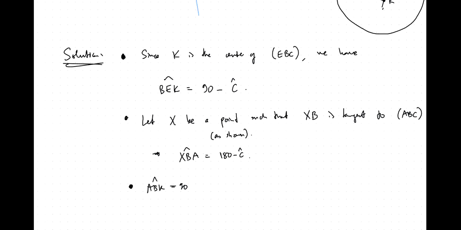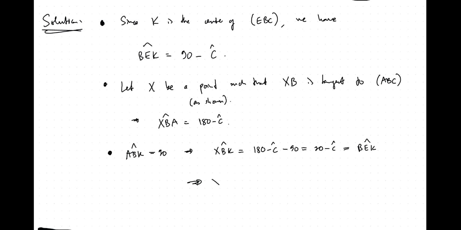Therefore, angle XBK is 180 minus C minus 90, which is 90 minus C, which is equal to BEK. So this shows that XB is tangent to BEK. See?